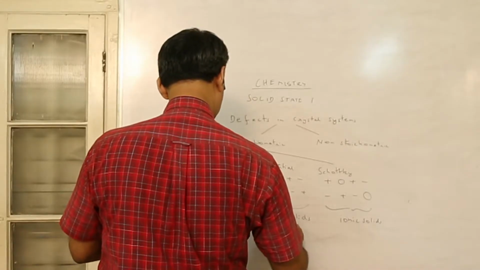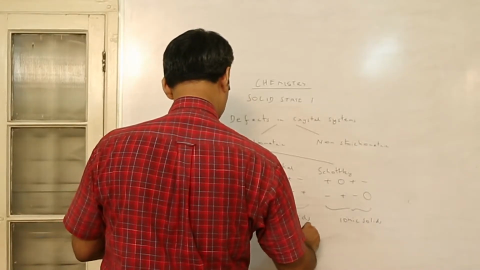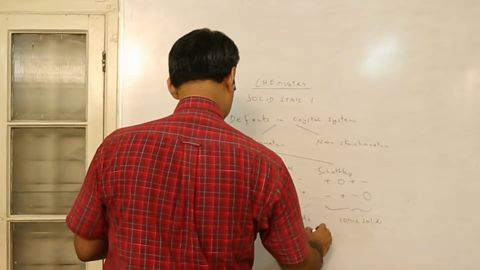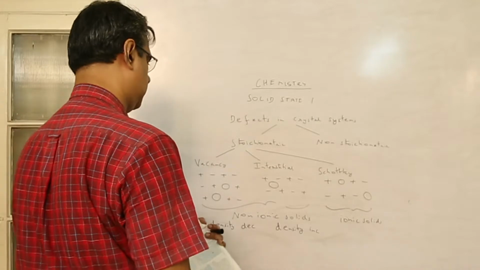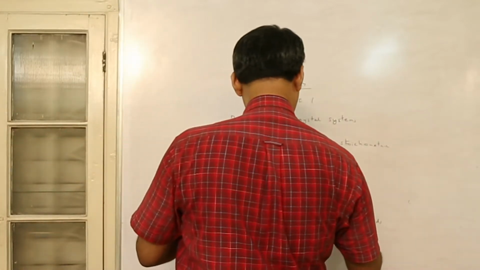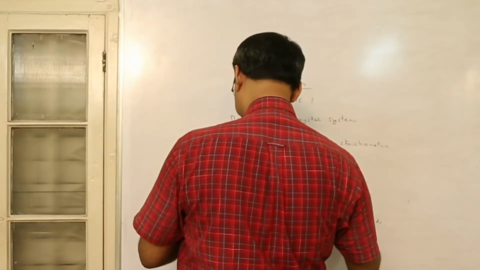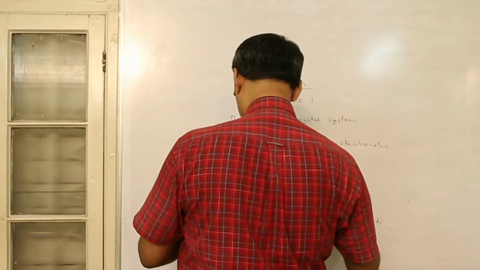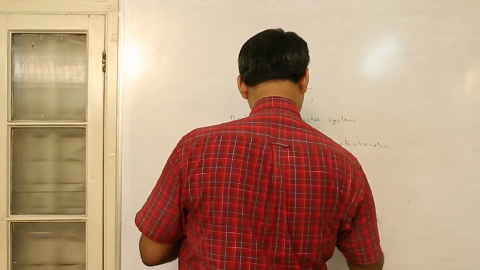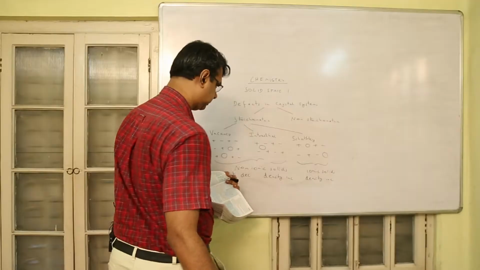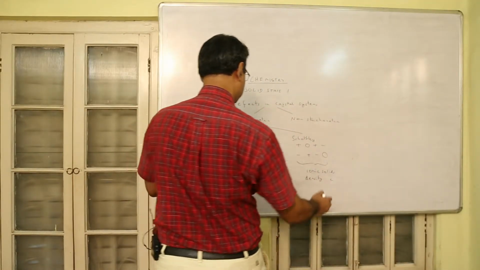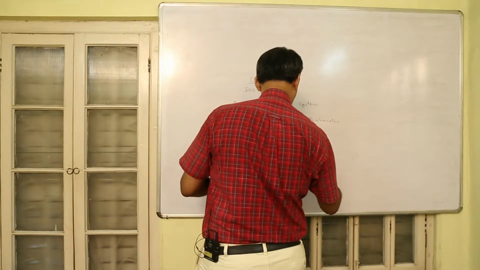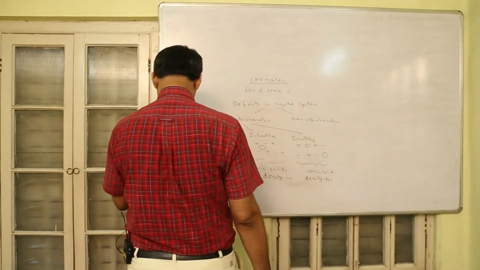In case of interstitial defect, the density increases because the constituent particles are in the voids. In case of Schottky defect, the density decreases because there are missing ions from their lattice positions.